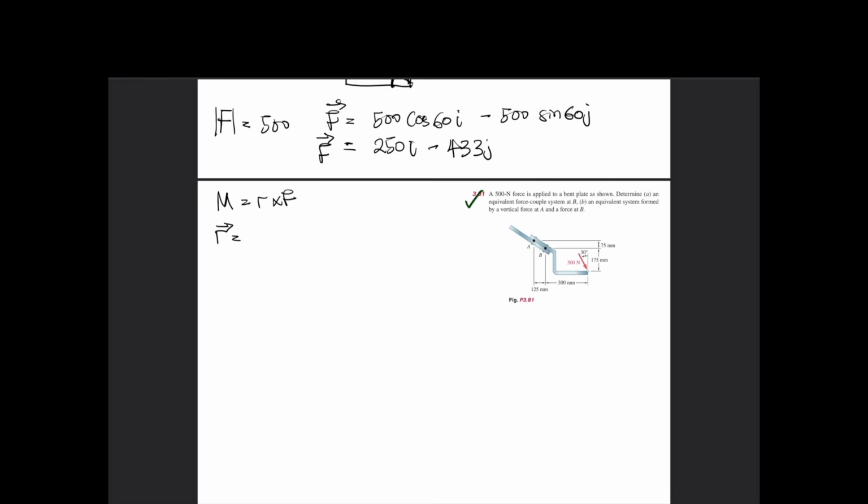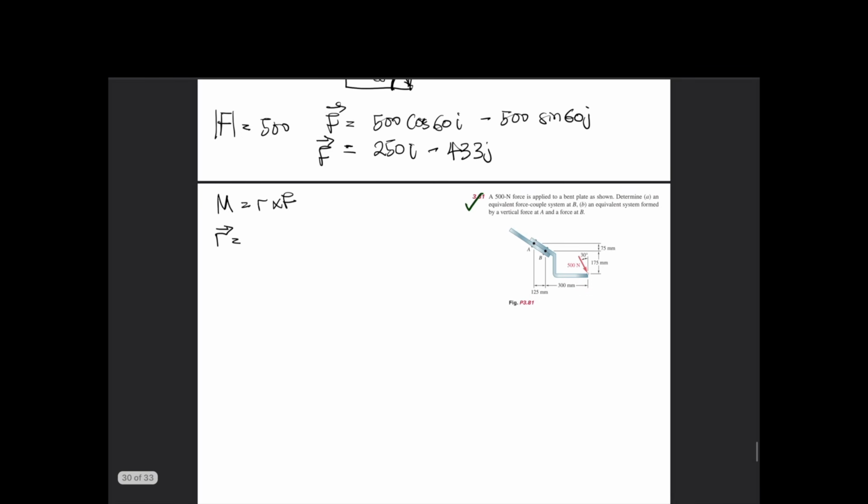On the x-axis, we are going to travel this distance. We're already given the distance in millimeters, which is 300 millimeters, so we write it in meters. That would be 0.3 i, and because we are moving along the positive x-axis, it is positive.